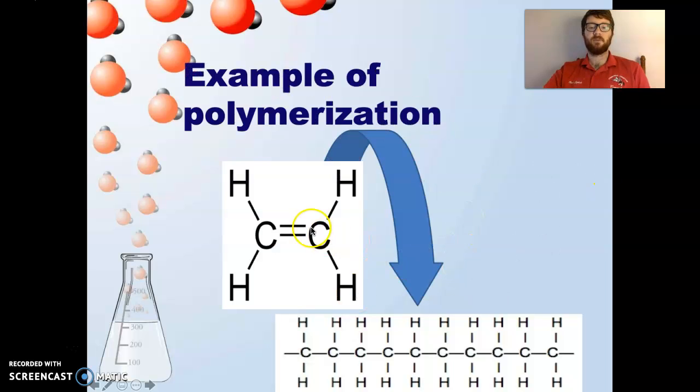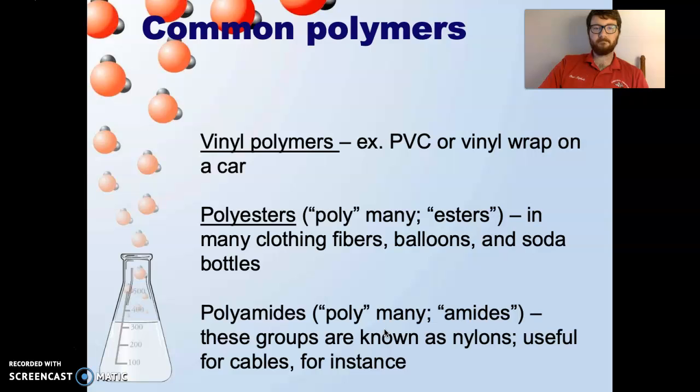And here's an example of polymerization. You have ethene here, and you shove them all together and you get this super long, continuing-on hydrocarbon. And these long hydrocarbons have some pretty unique usage. We're going to look at that in just a second.